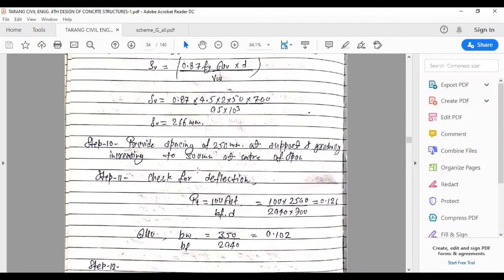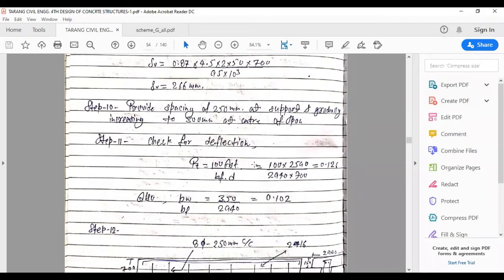Now we provide a spacing of 250 mm at support, gradually increasing to 300 mm at the center of span. The next step is to check for deflection, which can be found out using the formula: percentage of tensile steel equals 100 Ast upon bf into d.